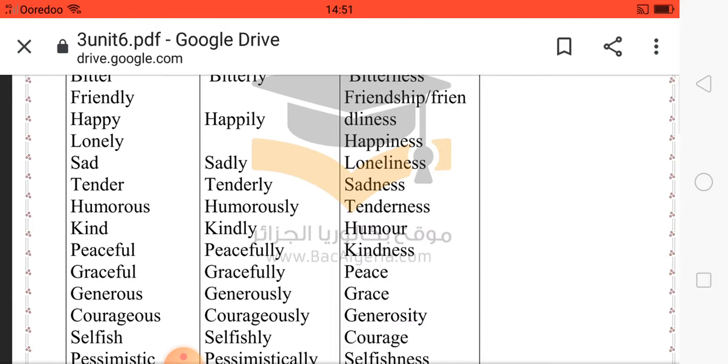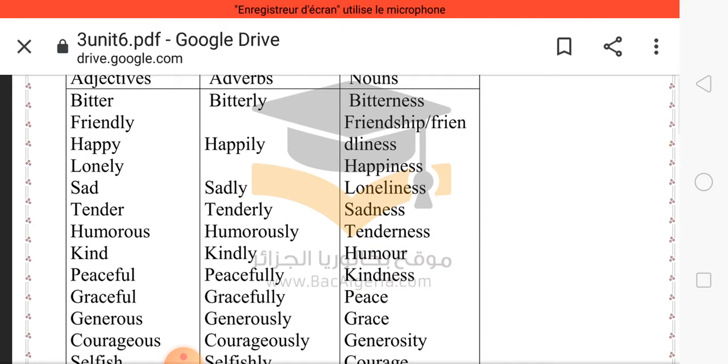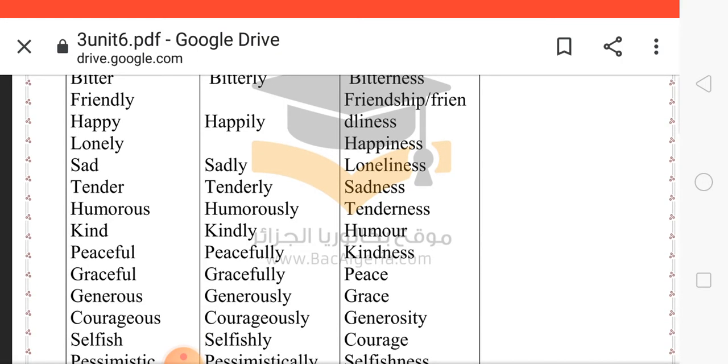Now, let's go to the adjective happy. The adverb is happily. The noun is happiness. Now, lonely. There's no adverb, but the noun is loneliness.